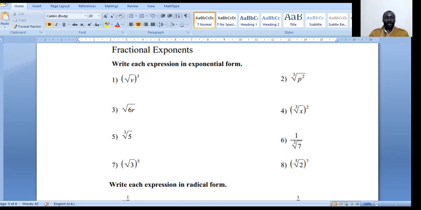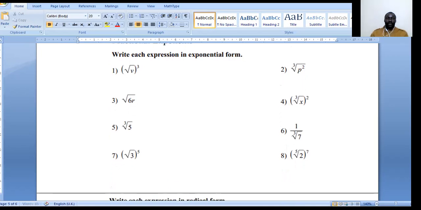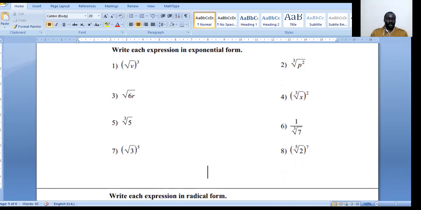The first question is that we write each of the expressions in exponential form. Well, the square root of v raised to power 3. How do we simplify that? Let's get it going right here. So this is question 1.